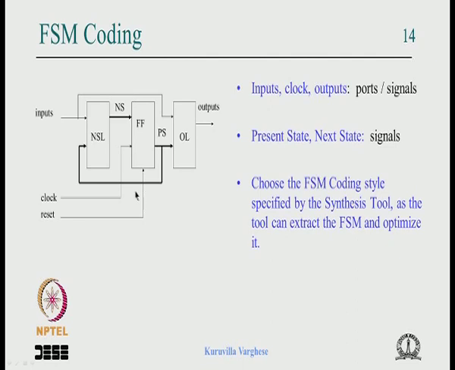So you will get the desired result because you are coding it correctly, but put together, the tool should know it is a state machine, then only can it do the state machine specific optimization, like we talked about the state diagram optimization. Unless that is known, the tool may not be able to do the various kinds of optimization, attack various issues and so on.